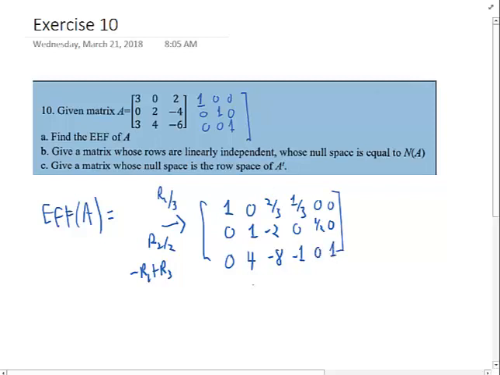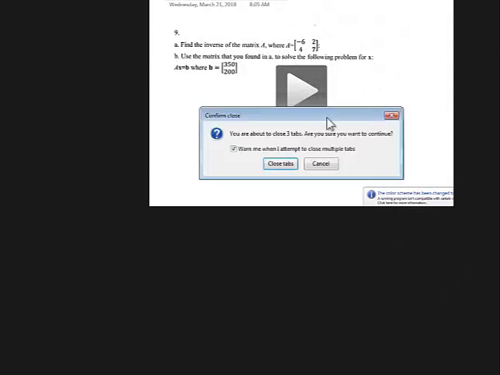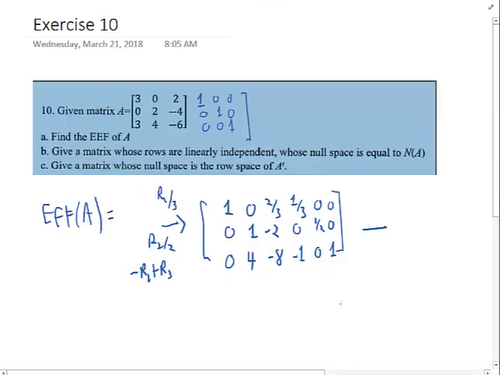All right, now for the next step we might as well simply take minus 4 R2 plus R3, because we know that that's going to take out these coefficients in this last row.